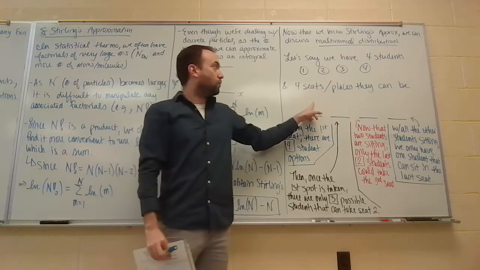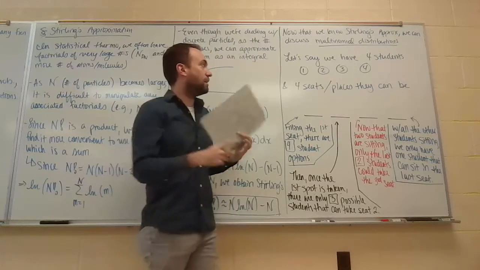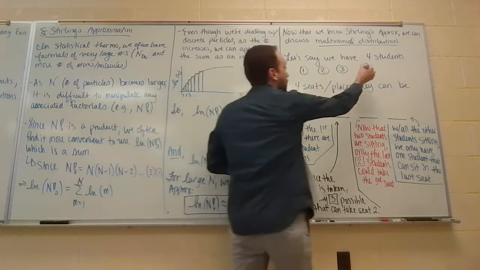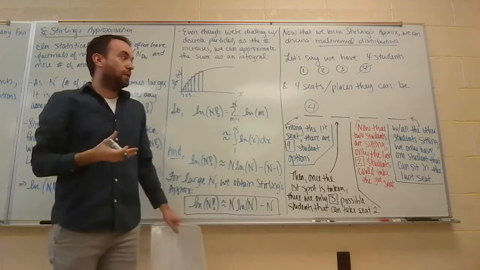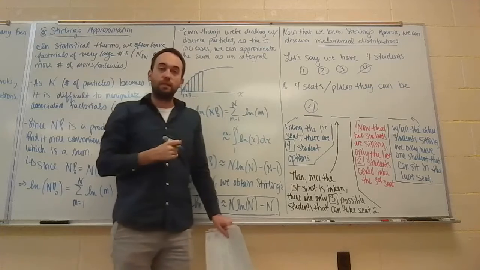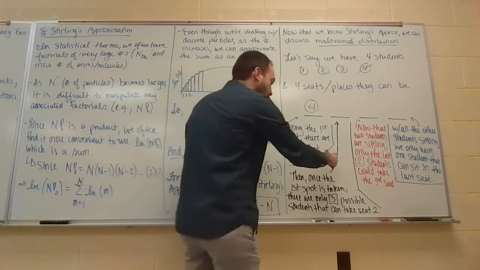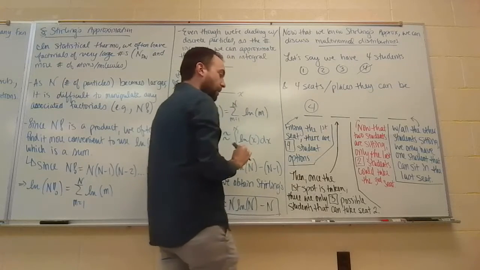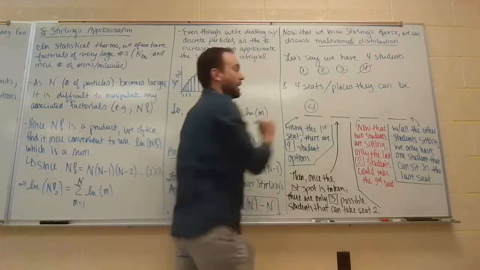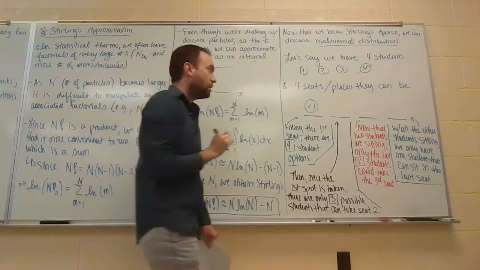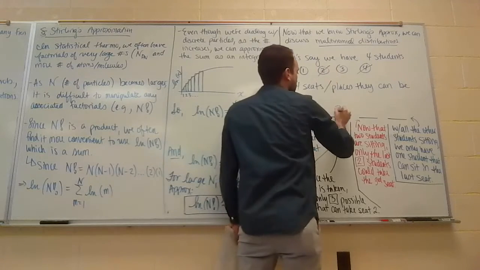Once I've filled one of those students into the first seat, let's say that I put student 4 into that spot. Okay. Well, once I've put one of my students in the first seat, then when I go to the second seat, okay, then there are only 3 other possible students that could take that spot. Okay, so let's say that I picked 2.